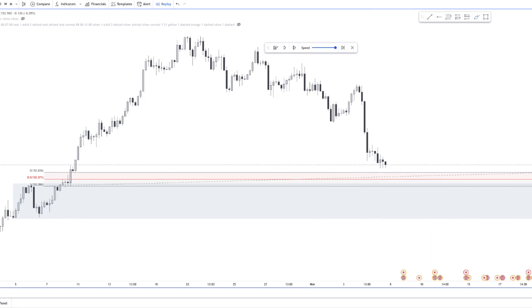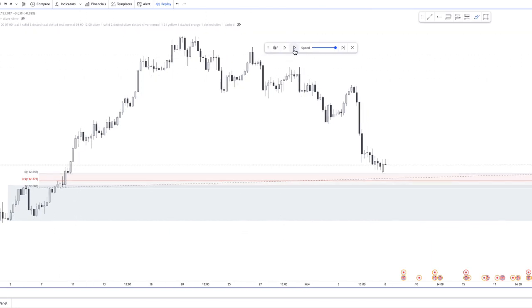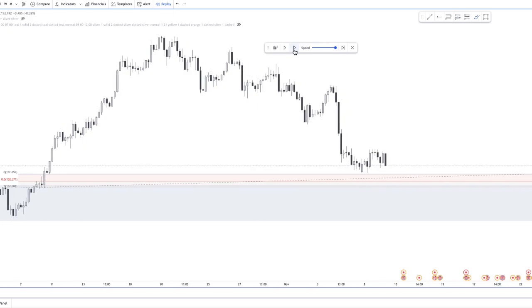So let's see what kind of price action we are going to have.